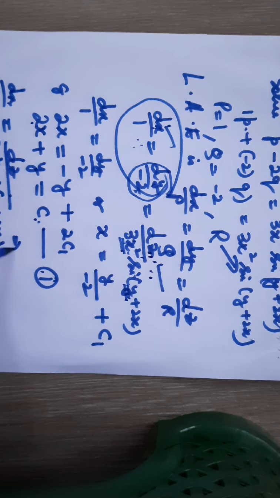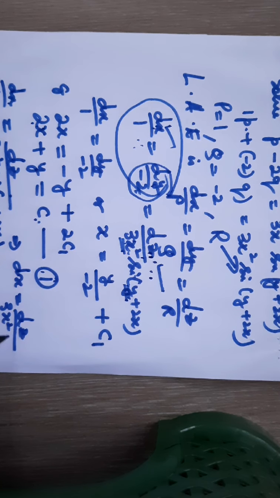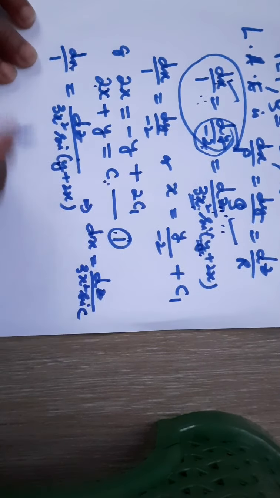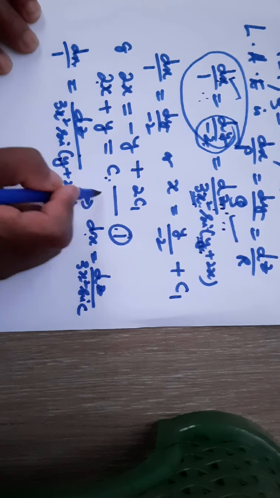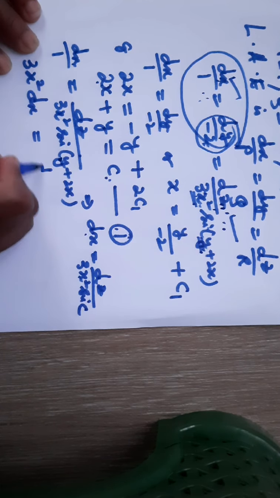This can be written as dx equals dz by 3x squared sin c. Now 3x squared can be cross multiplied to this side, and you get 3x squared dx equals dz by sin c.